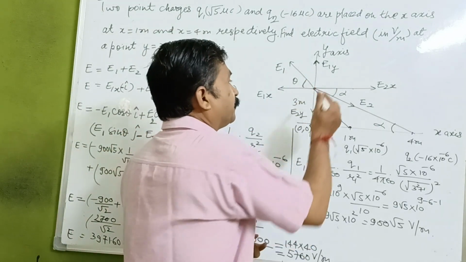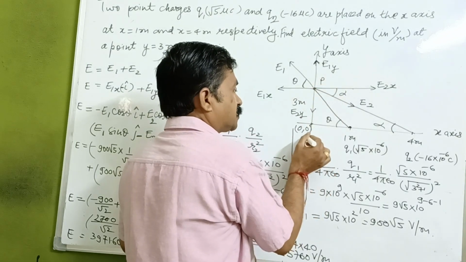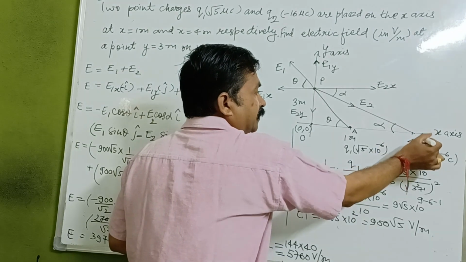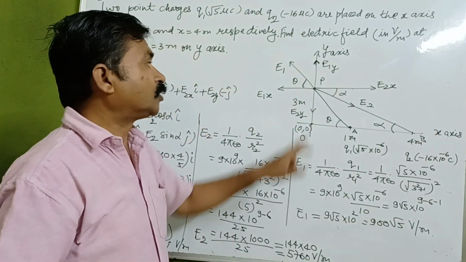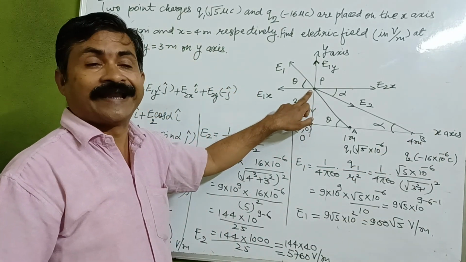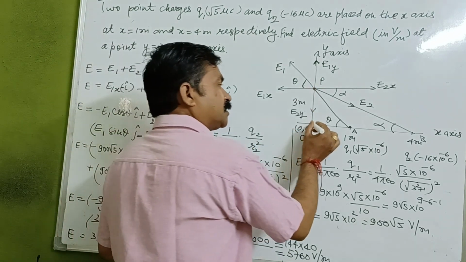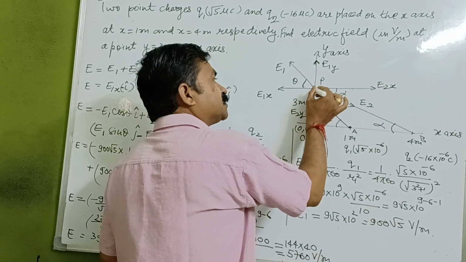Now at this point P, this is say O, we can call it A and we can call it B. At this point we have to determine the electric field. This distance is 1 meter and this distance is 3 meter.